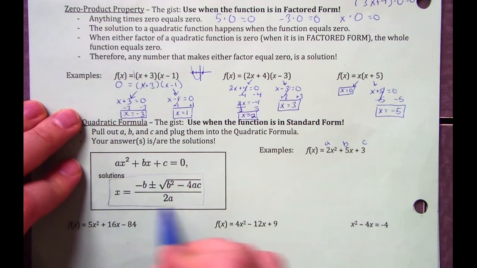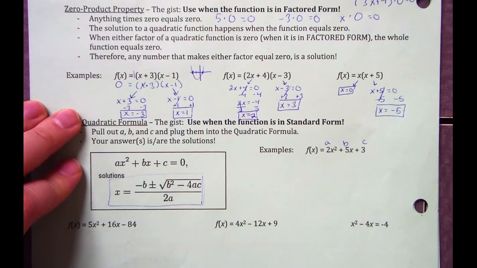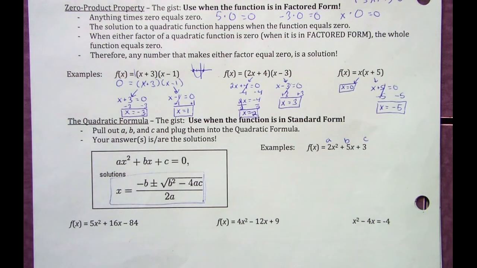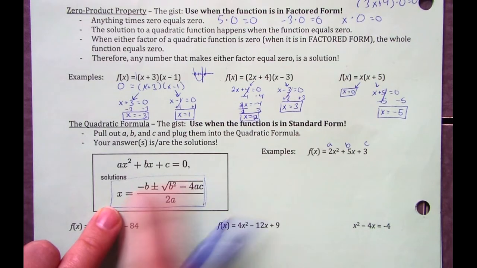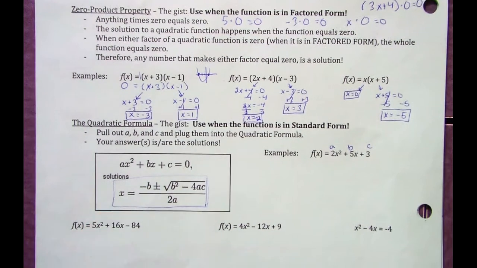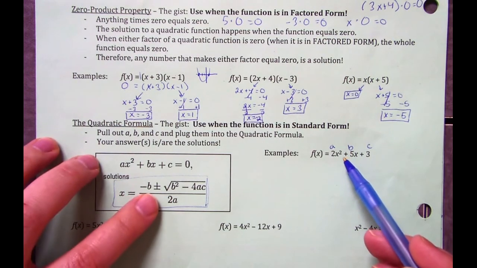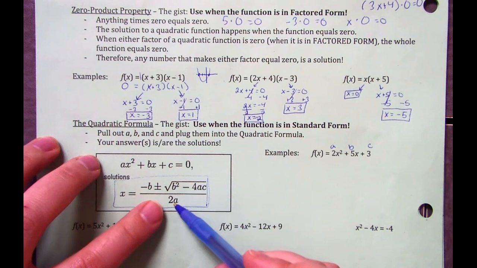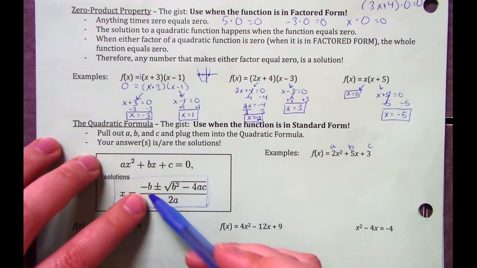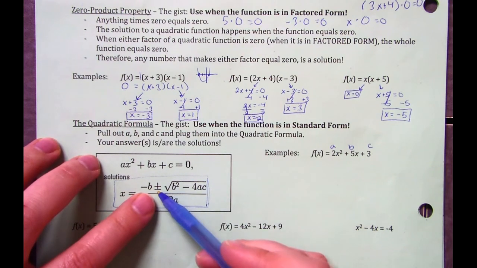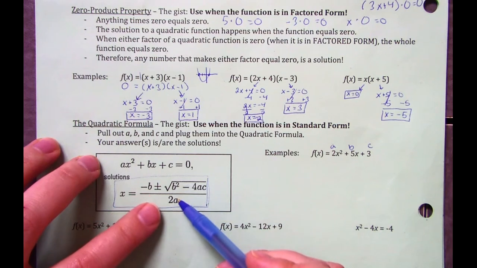It looks a little bit complicated, but we're going to simplify it once we put numbers in there, and it's going to end up being not very complicated at all. So what I'm going to end up doing is I'm going to rewrite this. My two solutions are x equals the opposite of b plus all of this divided by 2a, and the opposite of b minus all of this divided by 2a.